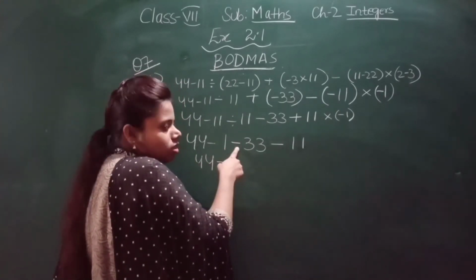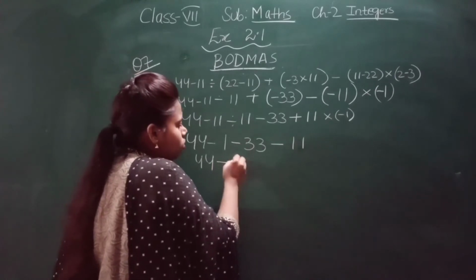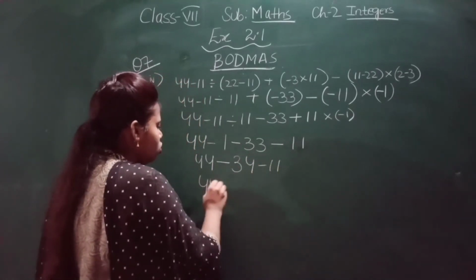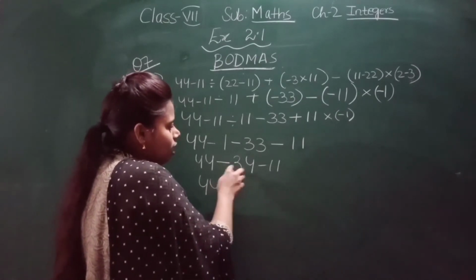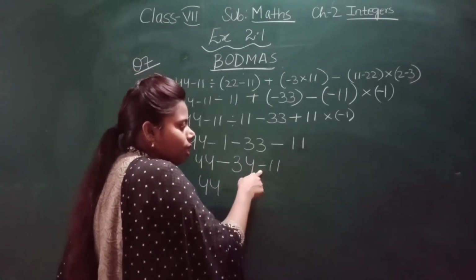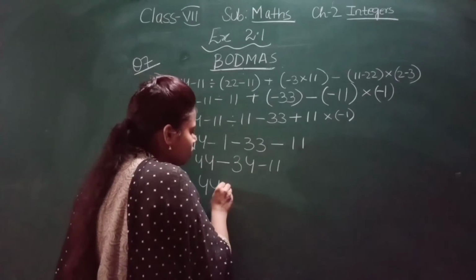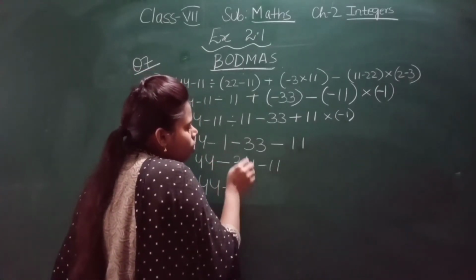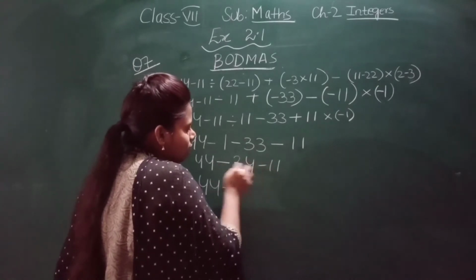Minus minus is what? Plus. So 33 plus 1 is 34 minus 11. So 44. Minus minus again what will be there? Plus. Minus minus plus. But which sign will we write? Minus sign. 34 and 11 have the same sign, minus.